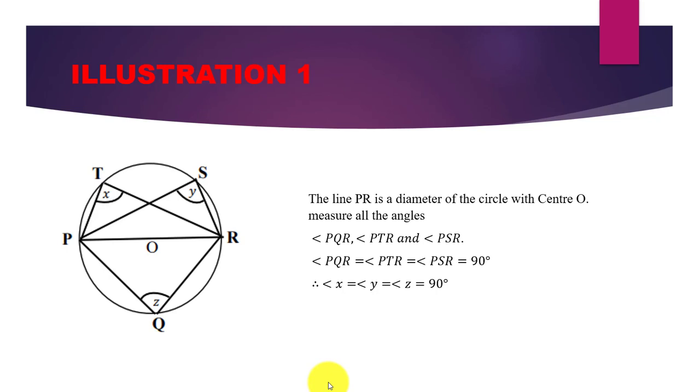So from the diagram, angle PQR, angle PTR, and angle PSR are equal, which is 90 degrees. So therefore, angle X is equal to angle Y and is equal to angle Z, which is equal to 90 degrees.